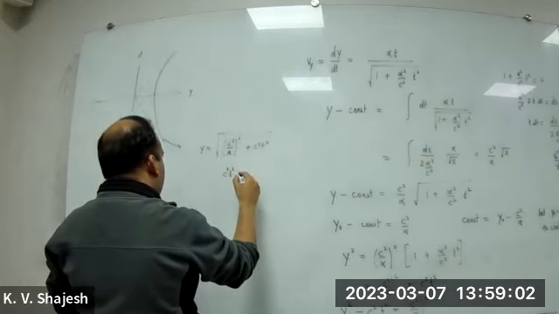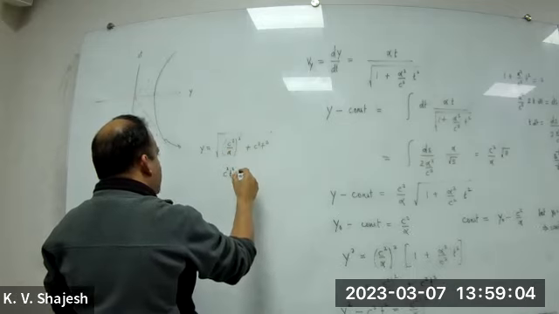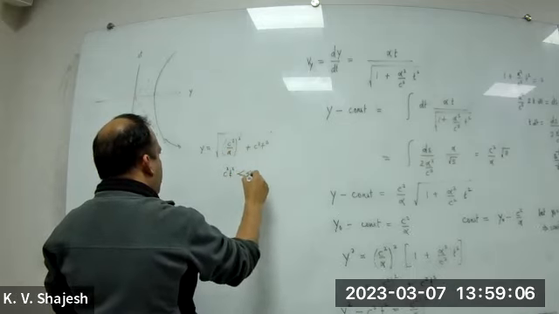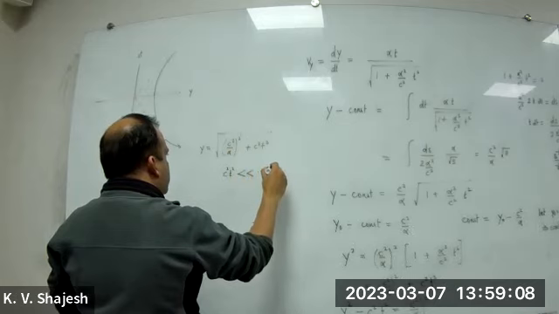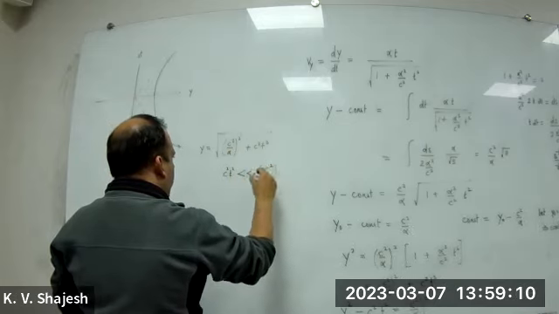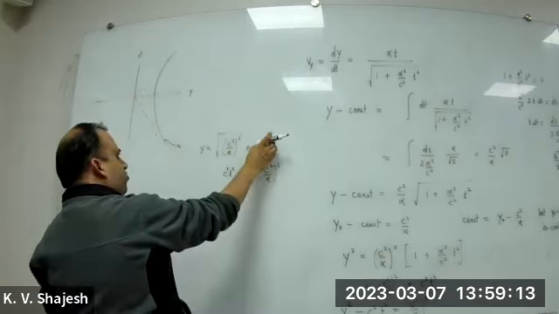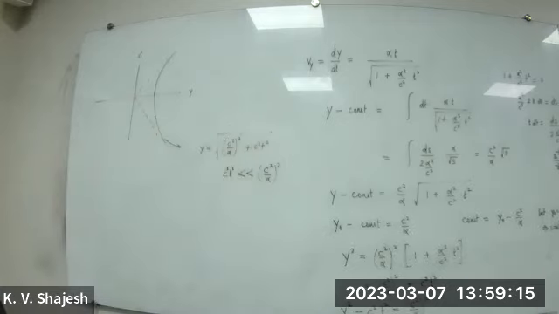So c square t square is very much small compared to c square over alpha the whole square. So that means this is small compared to that.